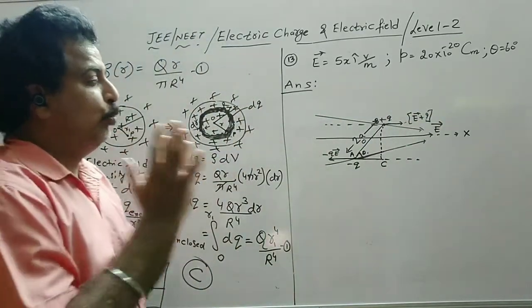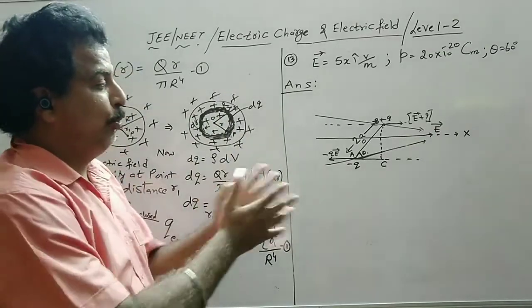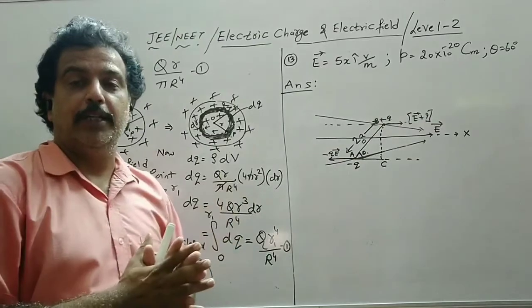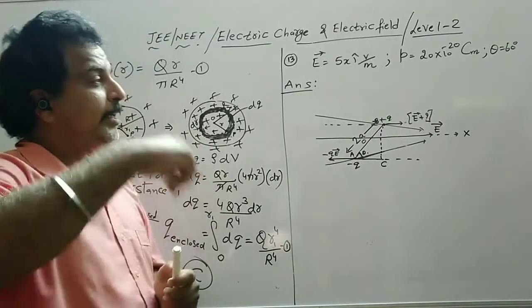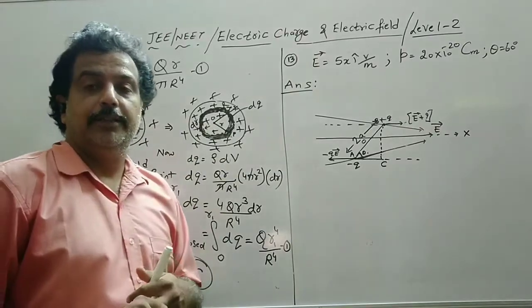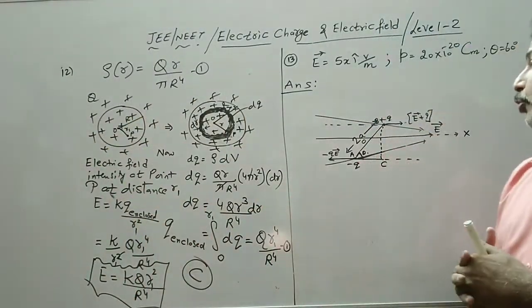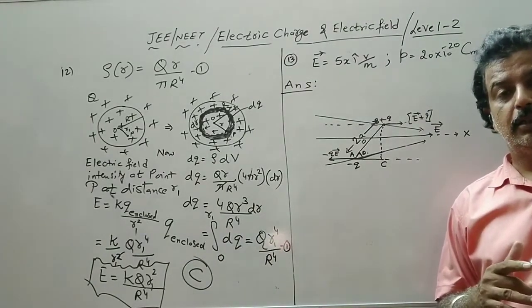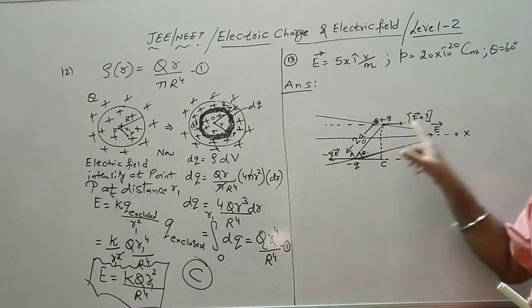So when a dipole is placed in a non-uniform electric field, you have to find out the perpendicular distance between the two lines of action of force. In the case of a uniform electric field, we know that both the forces were equal in magnitude and opposite in direction, so the resultant comes out to be 0. Here the forces are not equal.